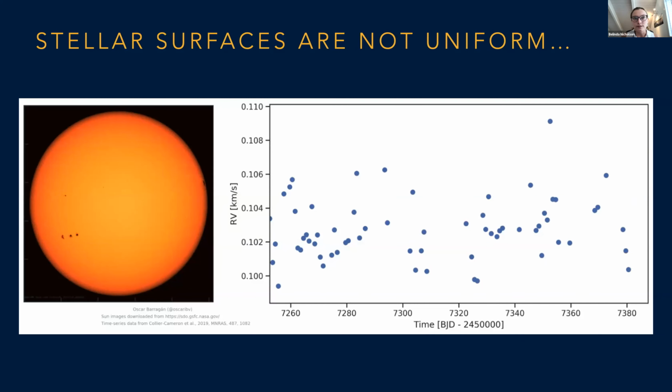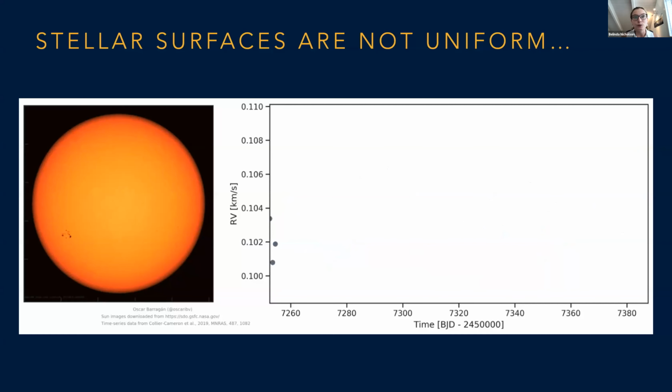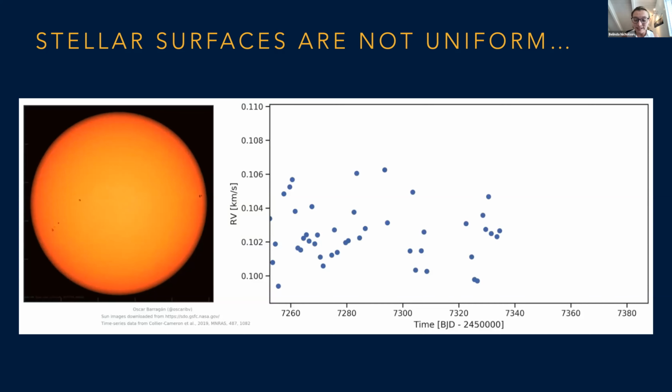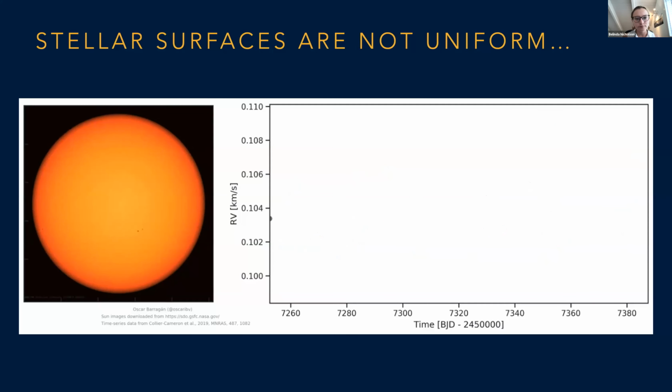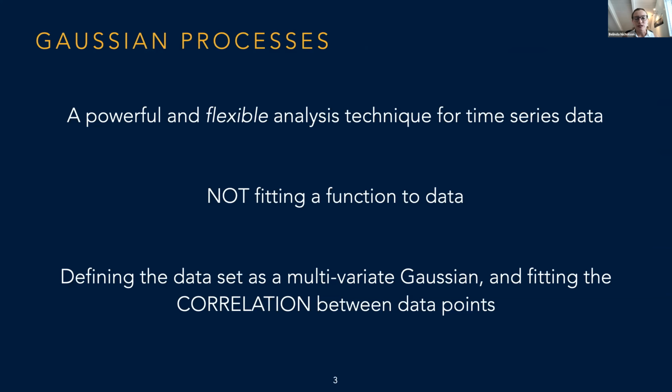And if we're wanting to then search for planets that have small signals, we need to better understand these stellar surface signals. And one of the ways that is quite popular at the moment, and is very useful, is to use Gaussian processes as a way of modeling stellar data. So Gaussian processes are a very powerful and flexible analysis technique for time series data.